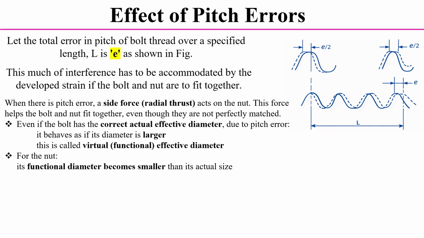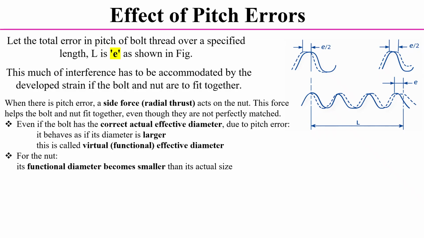When there is a pitch error, a side force acts on the nut. This force helps the bolt and nut fit together even though they are not perfectly matched. So due to this pitch error, the bolt and nut are not matching perfectly, but during assembly, a side force acts on the nut, and this develops the interference between the bolt and the nut.